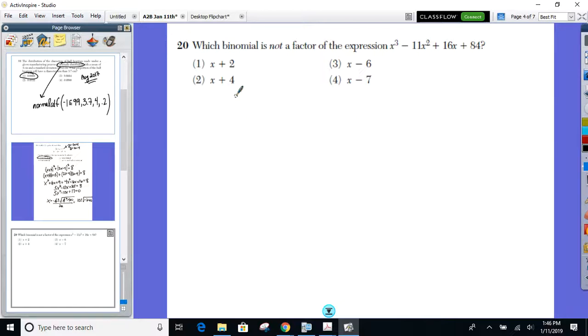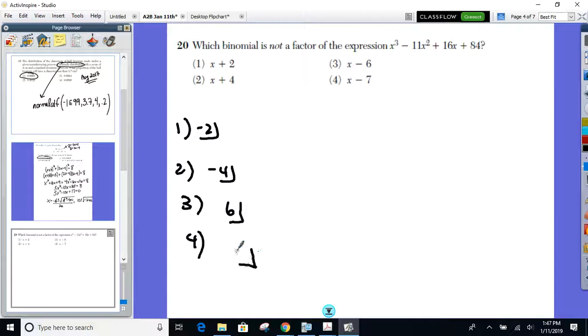Anything? What about the division thing? Okay, there's one way. You could take choice 1, put the -2 in the box, right? Take choice 2, put the -4 in the box, divide. You're right, it is a longer way.